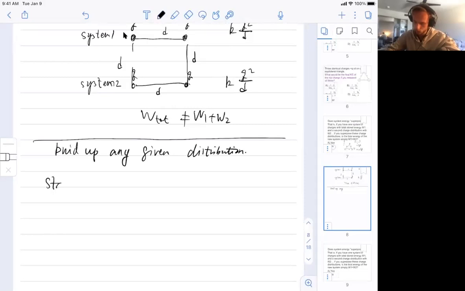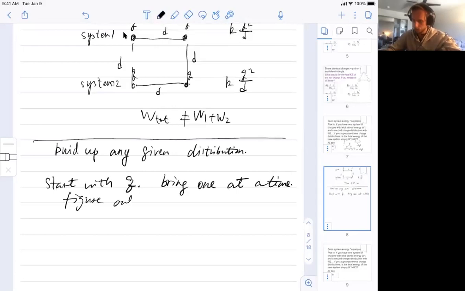We start with just one Q, and we bring them in one at a time. And we're trying to figure out the total work. That total work is going to be the energy stored in the system.